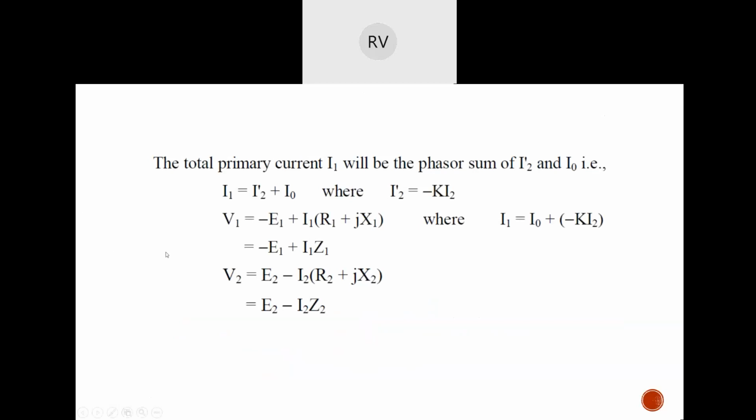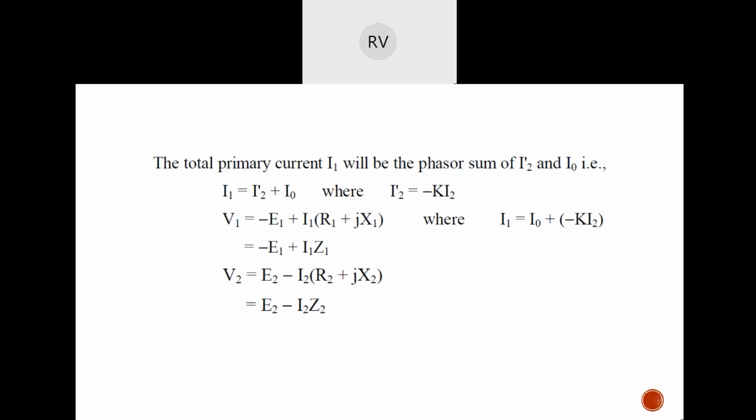The equation of the total primary current is the same as in the case with no resistances and leakage reactances. But if you write the V1 value, it will be different. In that case V1 is equal to E1, because there are no resistances and reactances.